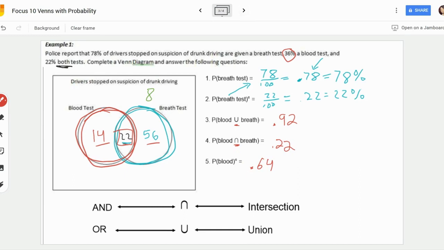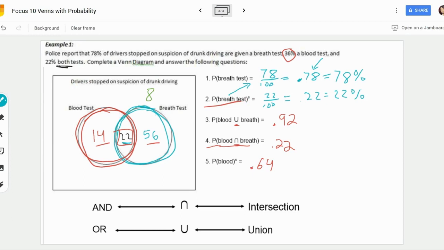One quick note: if you see that breath test complement and blood and breath have the same probability, it's just a coincidence, and here's why. What we added up for breath test complement is everything that's not in the breath test circle.